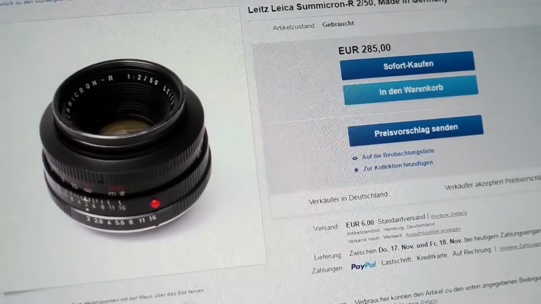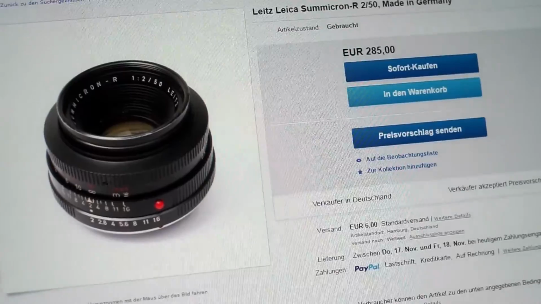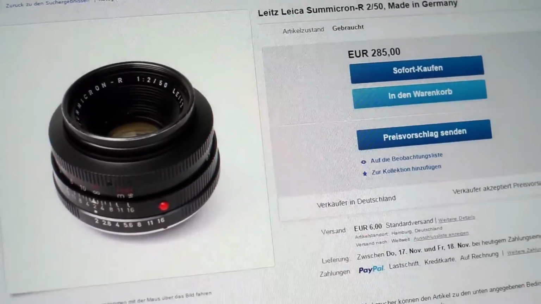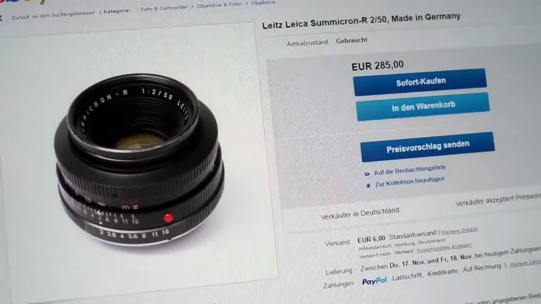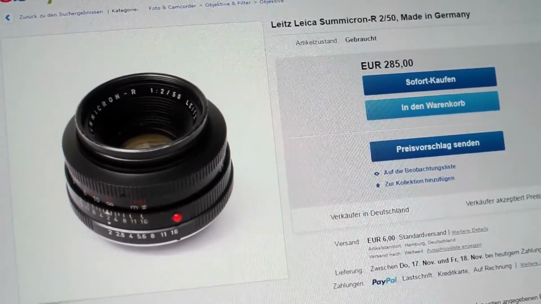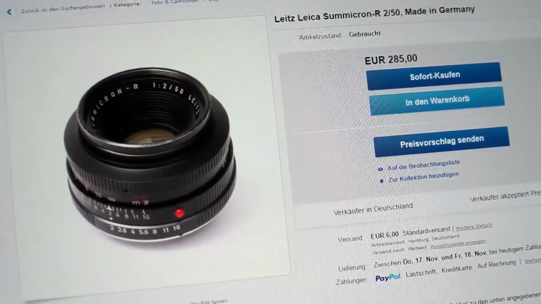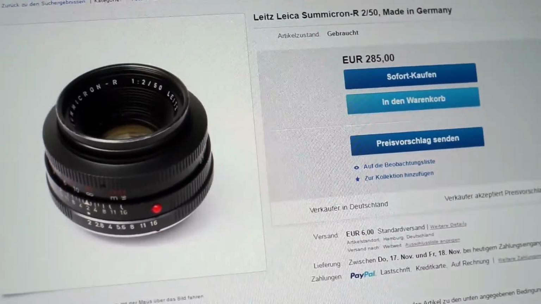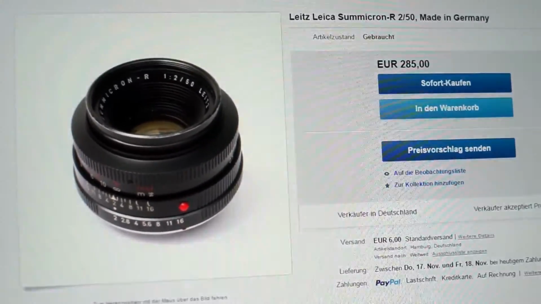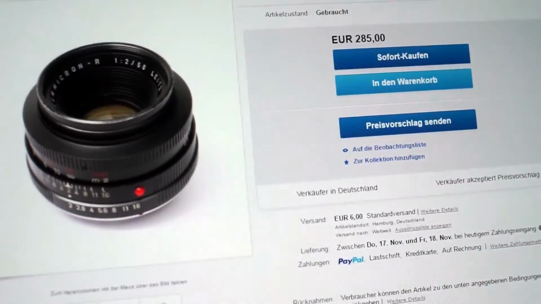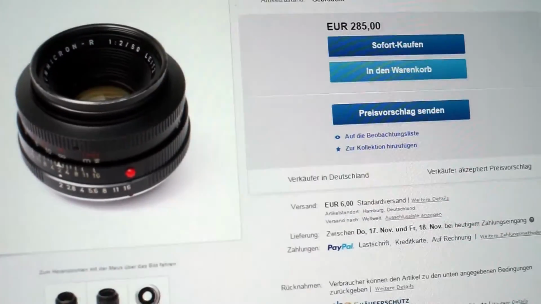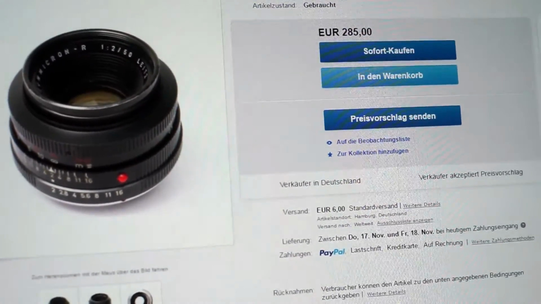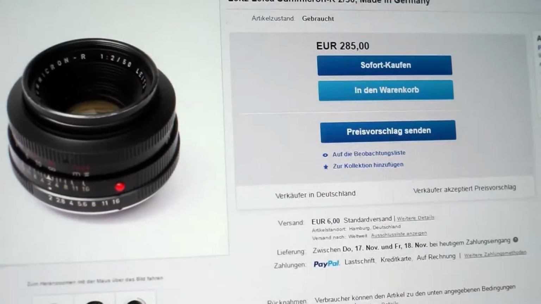So there is a price difference of 2,500 euros. 2,500 euros price difference between those two lenses. So why is that?